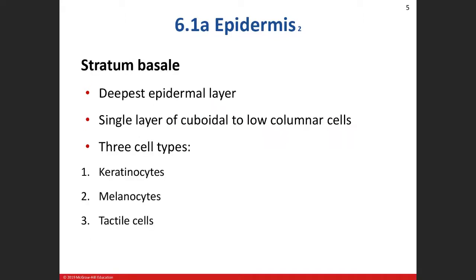Don't forget that. So back to the stratum basale. This layer is one layer thick, and the cells are anywhere from cuboidal to what we call low columnar, or what I just showed you in that picture. And there's three types of cells found in the stratum basale. The most common and abundant, the predominant cell type, are the keratinocytes.